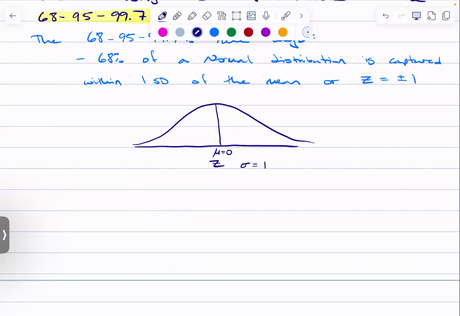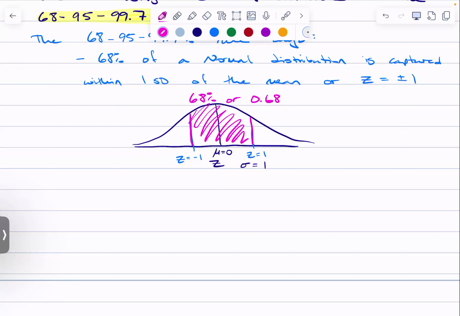So what it's saying is that if you go down to Z equals -1 and up to Z equals +1, moving out one standard deviation, because the standard deviation for Z is 1, then the area here, and maybe I'll do this in pink instead, this area is 68% or 0.68.